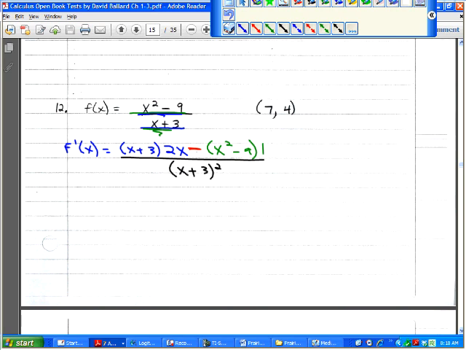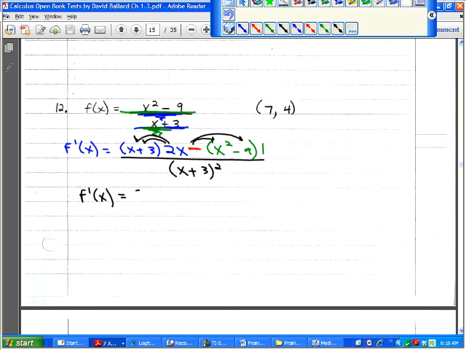Okay, so we'll run through that again. We had denominator times derivative of numerator minus numerator times derivative of denominator all over denominator squared. All right, now we'll gather like terms and all of that good stuff. So we're going to have f prime of x is, we can distribute here. We can distribute that negative there.